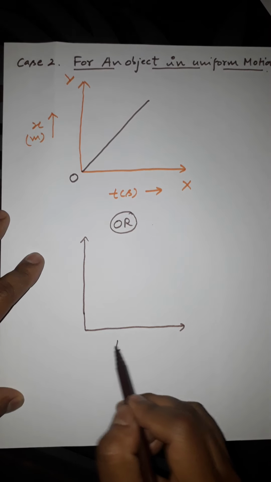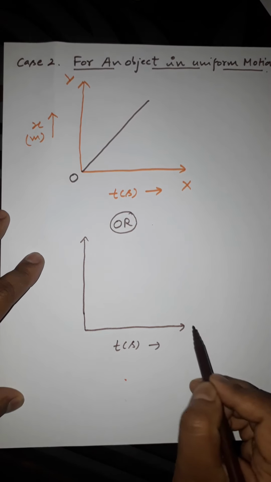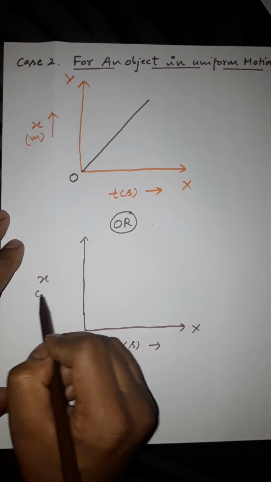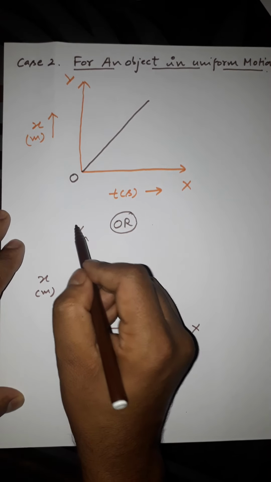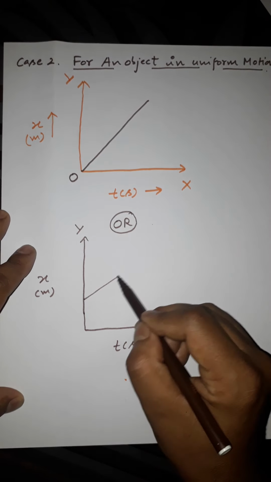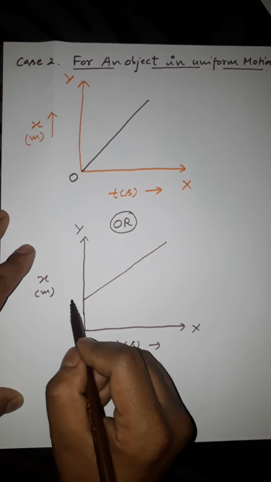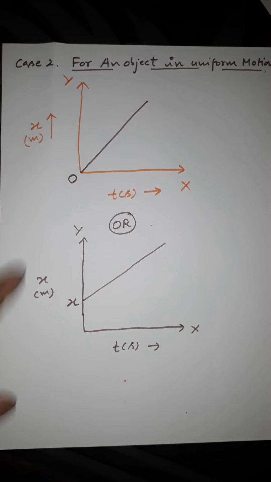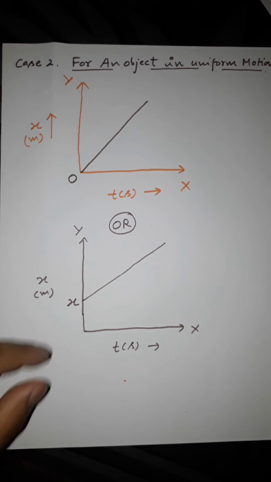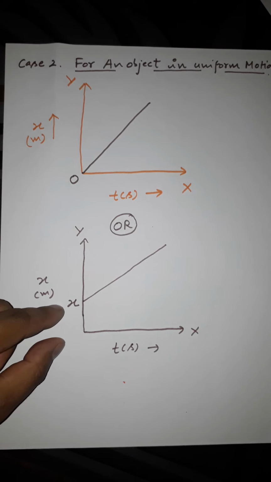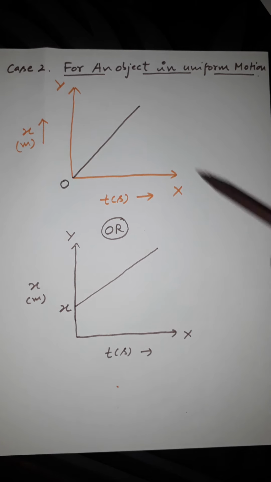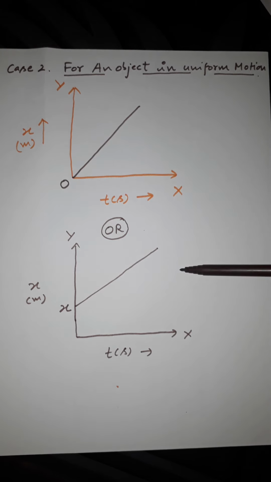So time in seconds along the x-axis, distance in meter along the y-axis, like that. It means the object and observer are at a certain distance from each other, and here that distance is x. Now mind it, both these two graphs are valid.